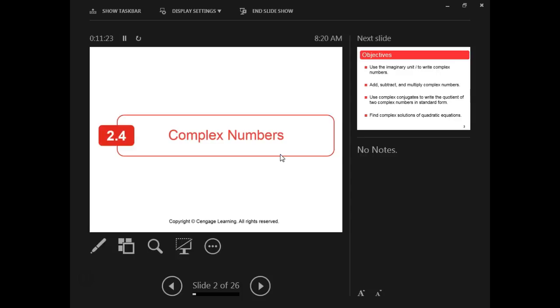Now, those are the rational numbers. What was the sort of the counter set of numbers to rational numbers? Irrational numbers.